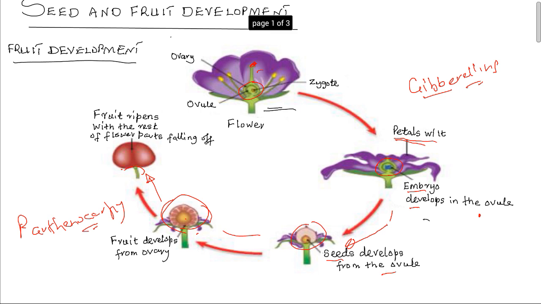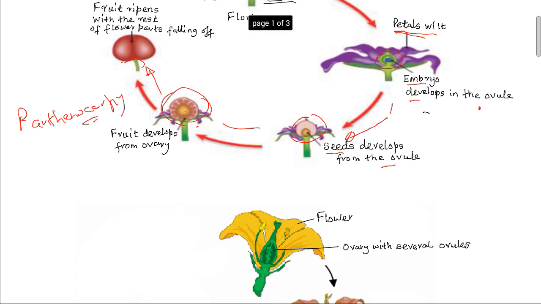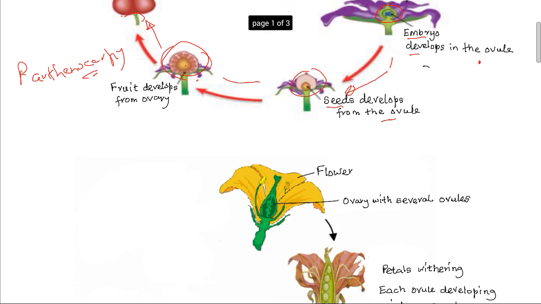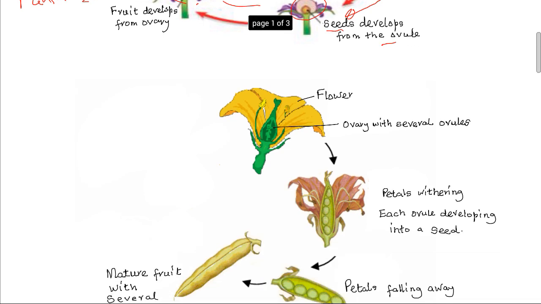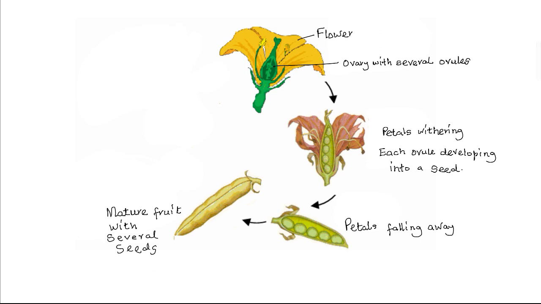So as the fruit is developing, within the fruit, seeds will develop. Here is another illustration of how a different type of fruit develops from a flower. So here's the flower. This is the ovary that has several ovules.